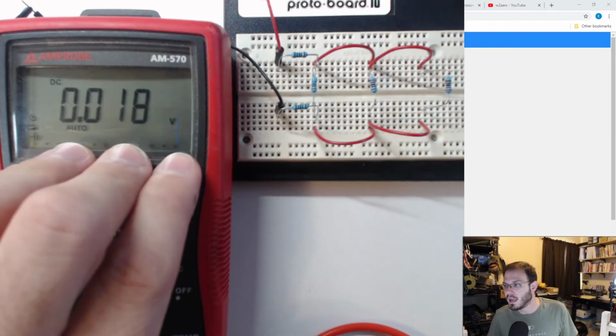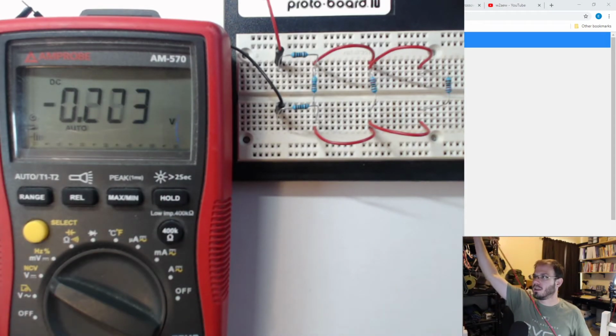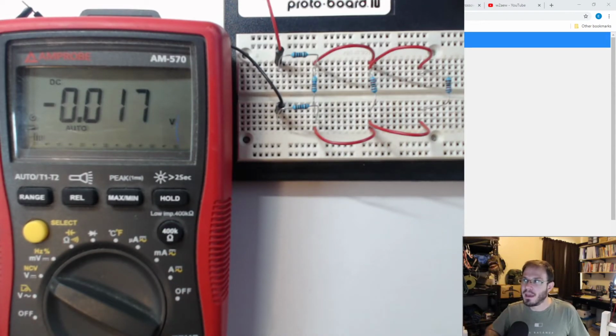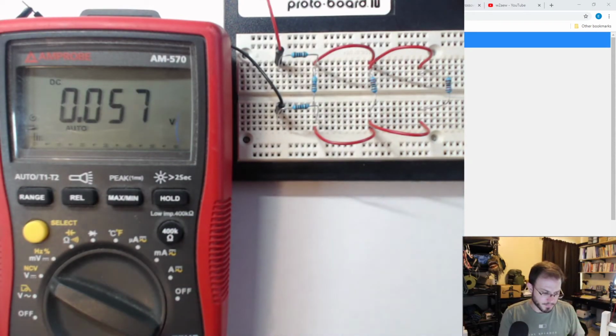It should be pretty good, but we also have long wires. These long probe wires also have a little bit of resistance, okay? So these wires are not perfect. On the board, we treat wires as being perfect because it makes things much easier. But in truth, when you have long wires, they have a little bit of resistance. Okay, so you are going to be off a little bit on the millivolt scale.